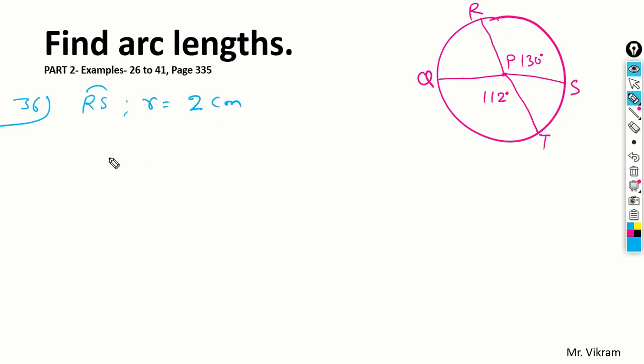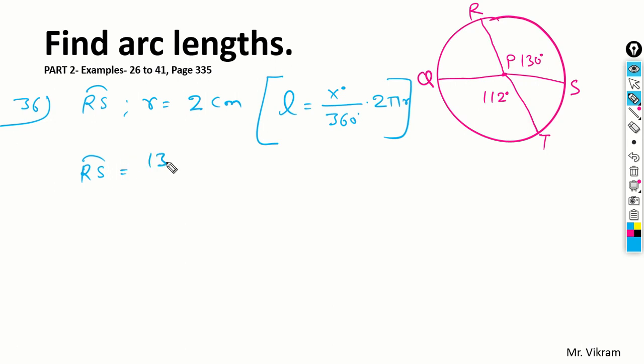So you know the formula for arc length. I told you in this video, arc length is x divided by 360 degrees times 2 pi r, right? So arc length RS is equal to x. Here the RS angle is 130 degrees divided by 360 degrees times 2 pi multiplied by 2.